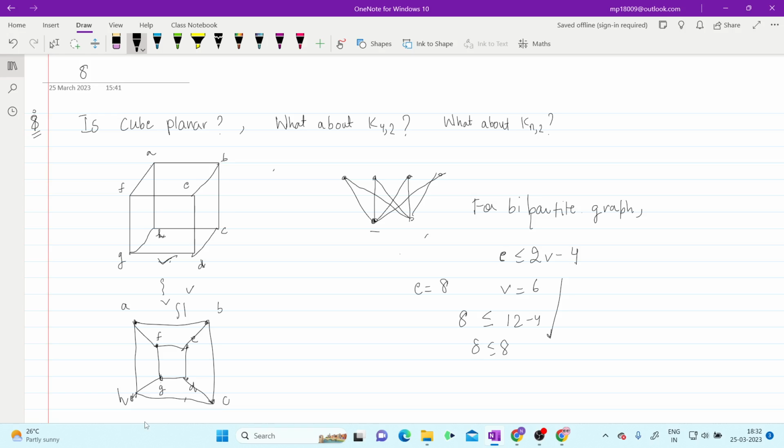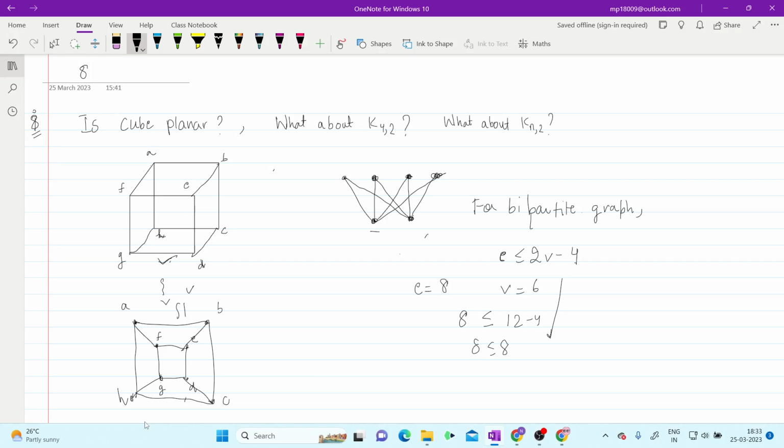But what do you think? K4,2, is it planar or not? It is planar. Okay. How?